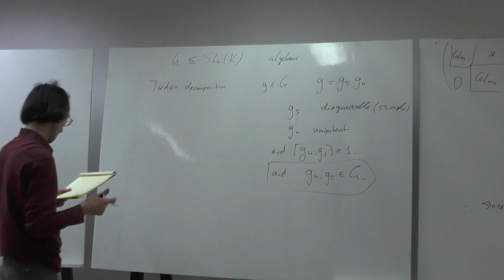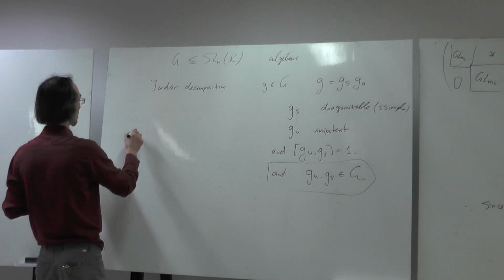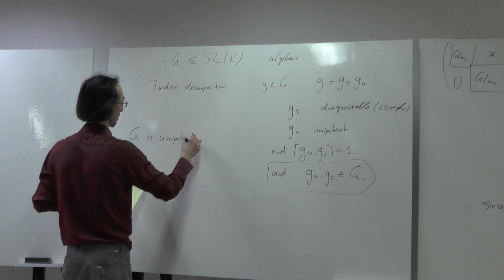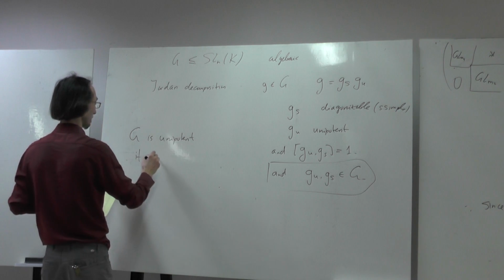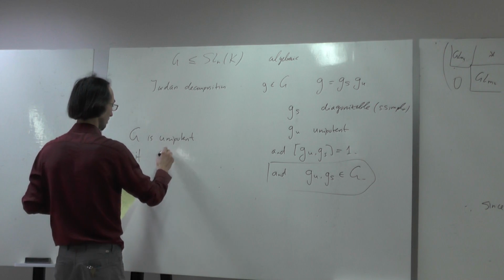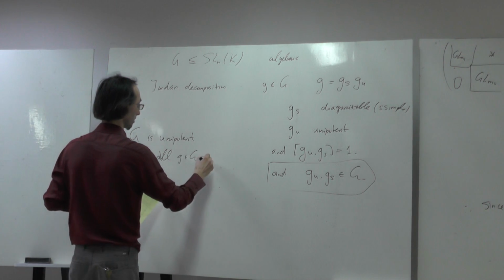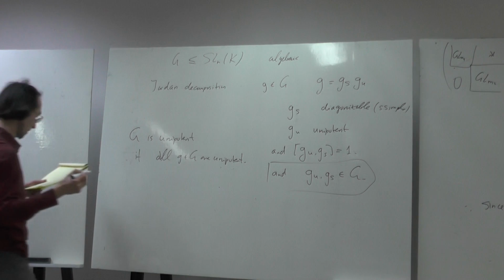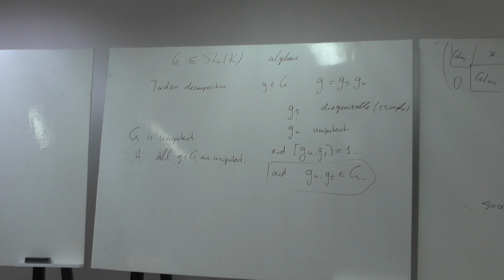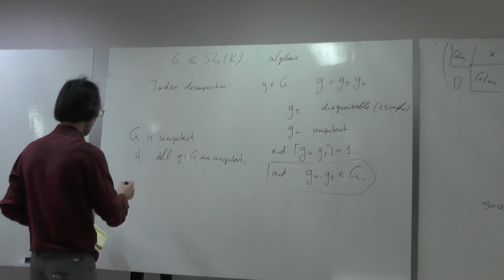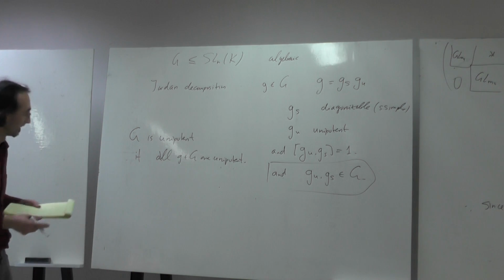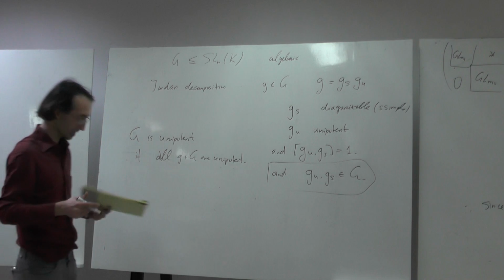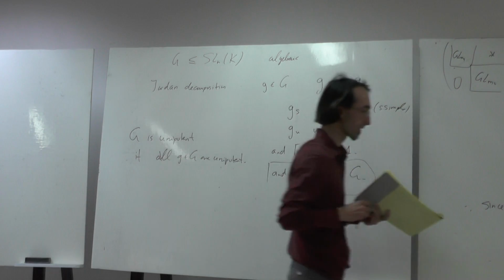And now we say that the group G is unipotent if every element of G is unipotent. Okay. Now I can define G semi-simple. It's tempting to say G is semi-simple if all the elements of G are semi-simple, but actually this just gives me a billion groups.